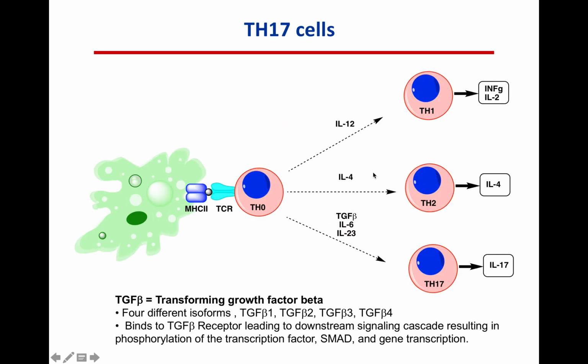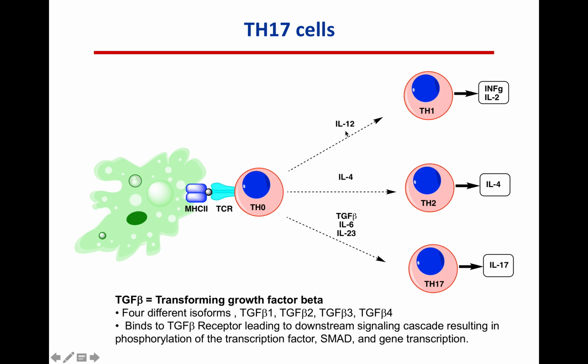Now, there's one other type of cell that I want to talk about, and this is important for inflammation. So this cell is our Th17 cell. When we have a Th0 cell, what we've learned is that if it's in the presence of IL-4, you'll get Th2 cells, and they'll go on and produce more IL-4, which produces more Th2 cells.